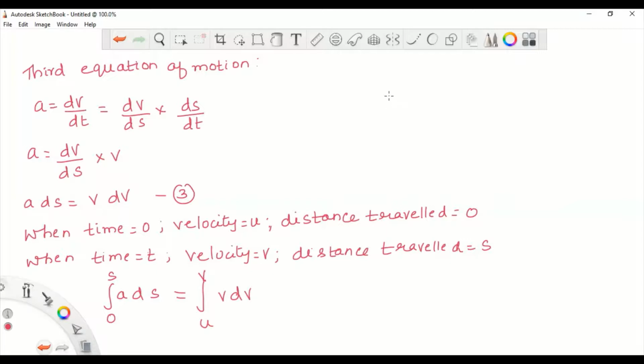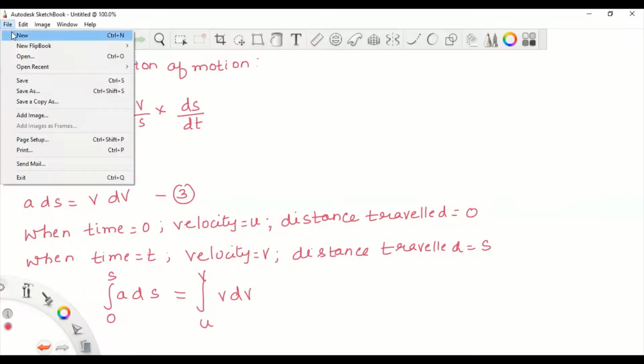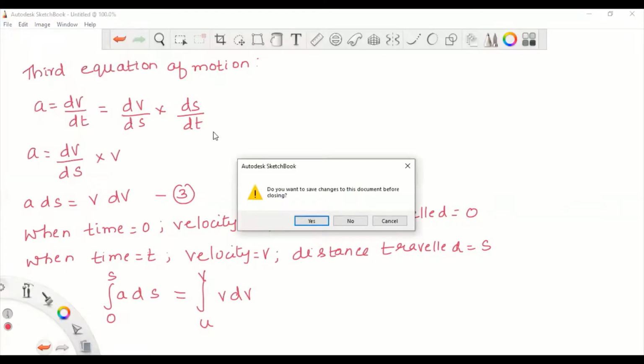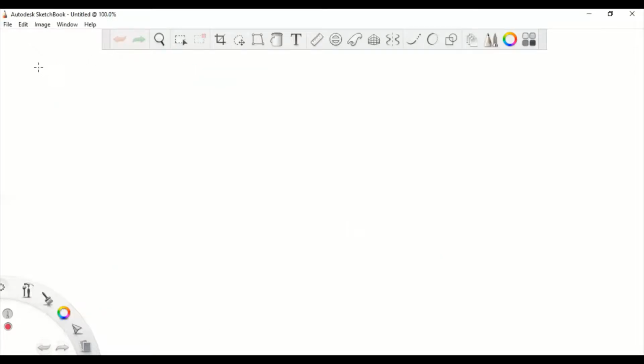So we are going to integrate this. When you integrate, integral a ds. Okay, so a cannot be integrated. When you integrate ds, you will get s between the limits 0 to s, is equal to, we are going to integrate integral v dv.